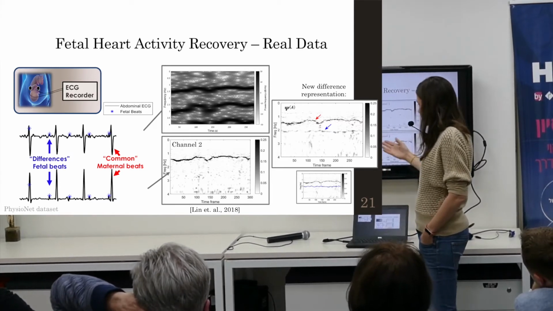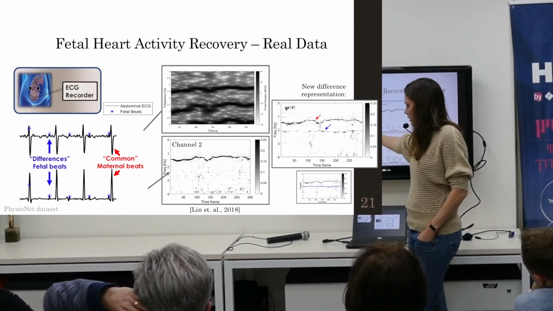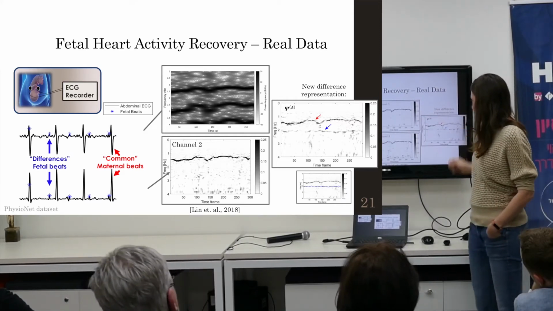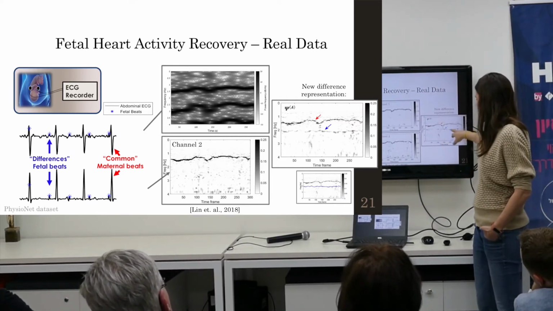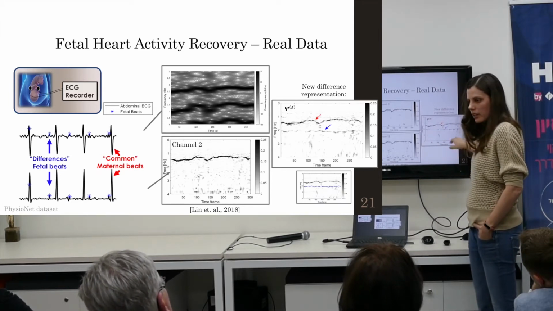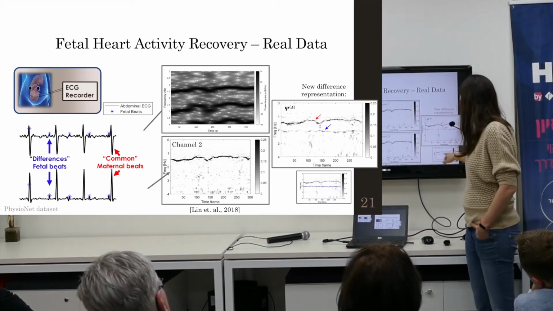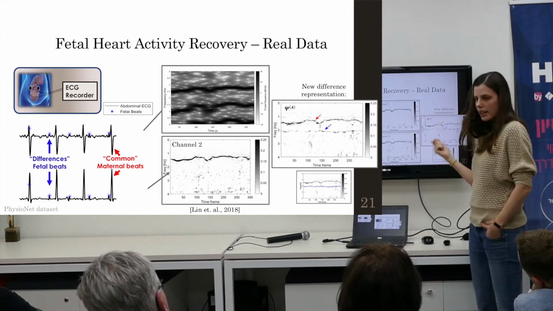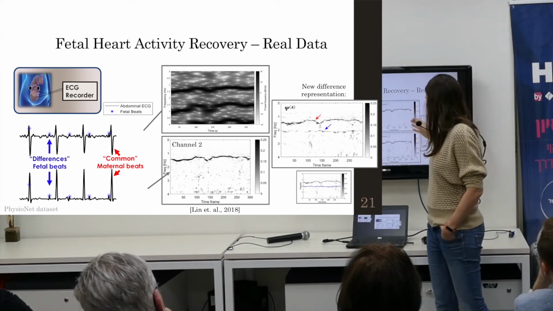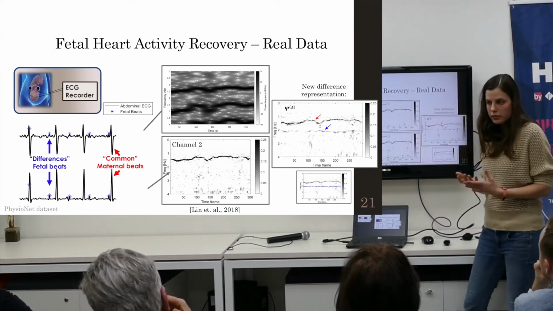And when we applied our method and constructed the difference-revealing kind of spectrogram, we got this result. We can see here a significant enhancement of another line, and based on ground truth, we can see that this line is exactly the fetal heart activity. So we recovered the fetal heart activity in a completely data-driven manner.